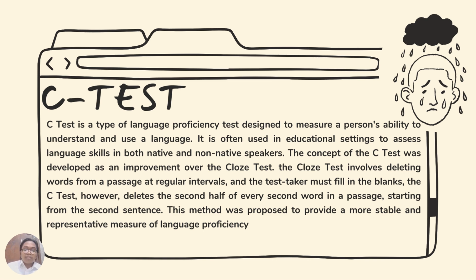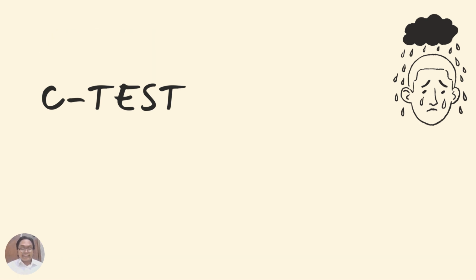The concept of the C test was developed as an improvement over the cloze test, in which the cloze test involved deleting words from the passage at regular intervals, and the test taker must fill in the blanks. The C test, however, deletes the second half of every second word in a passage, starting from the second sentence. This method was proposed to provide a more stable and representative measure of language proficiency.